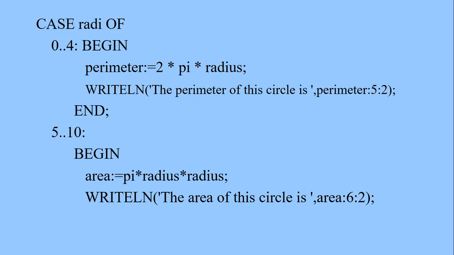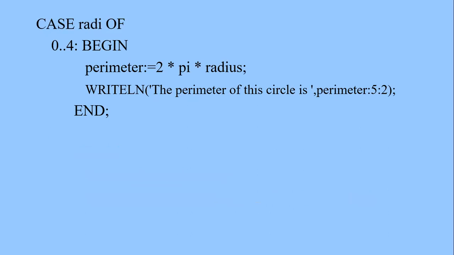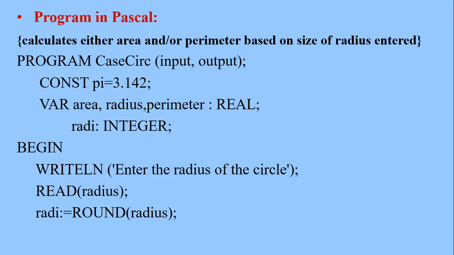So if, for example, this expression evaluates to 7, and that 7 is stored in the memory location called radii, then when it comes to case, the first condition will not be true. The first case will not be true because 7 is not within 0 and 4.